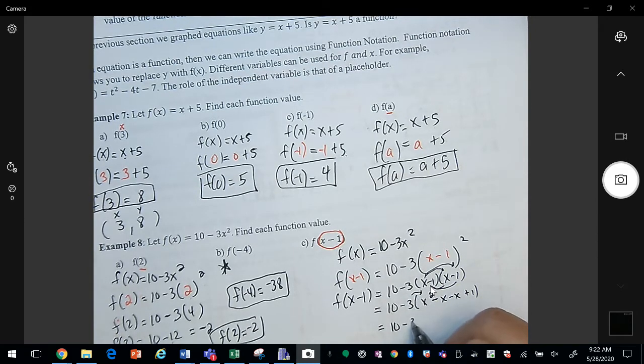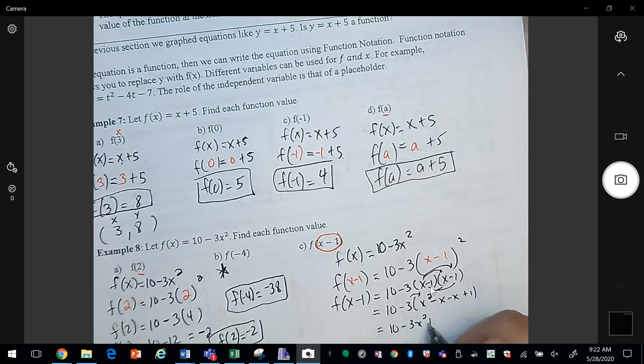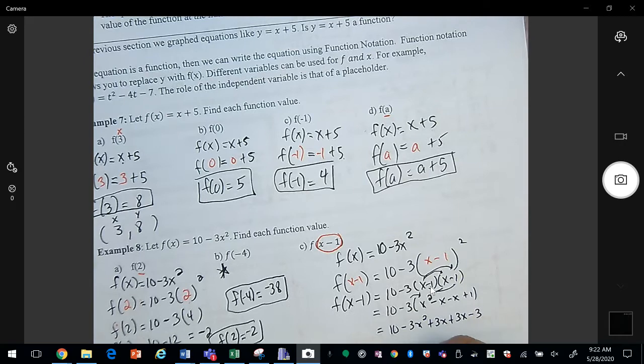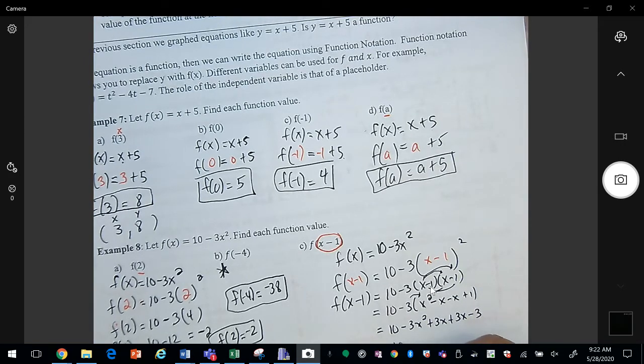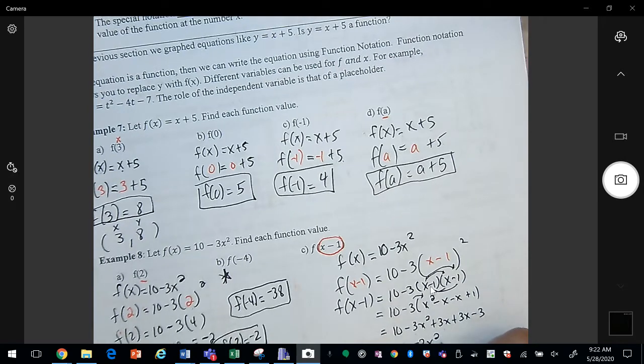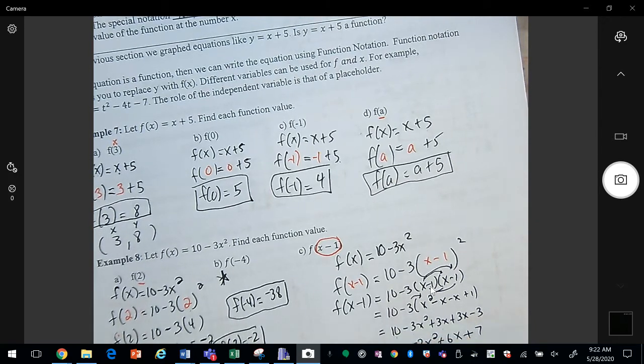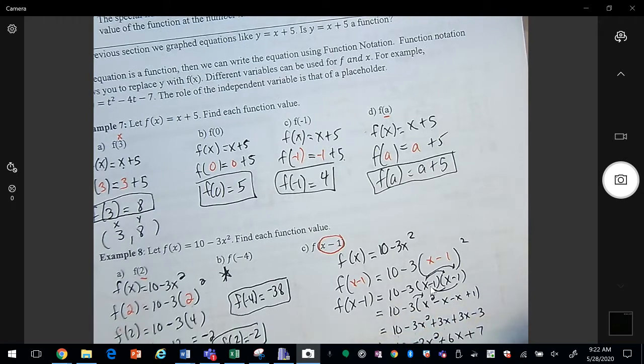So we have negative 3x squared plus 3x plus 3x minus 3. Gather your like terms. So we have negative 3x squared plus 6x, 10 minus 3 is 7. So my answer is negative 3x squared plus 6x plus 7.